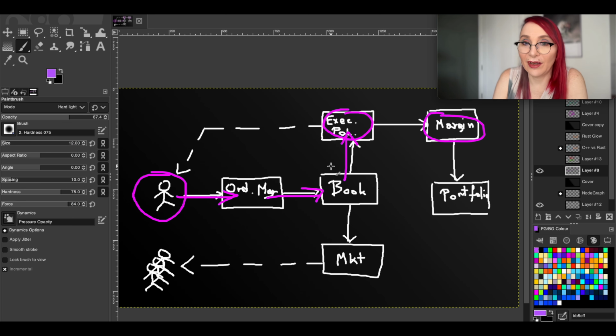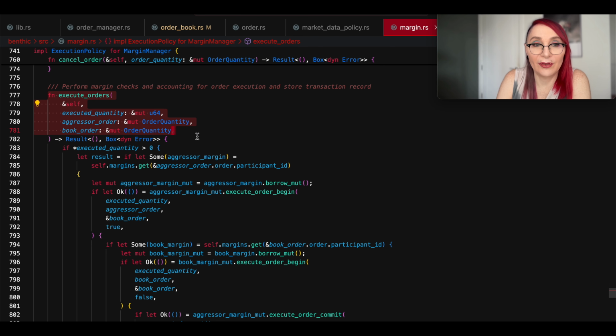So the design we have here is that we have this execution policy that we're using with our order matching, and this execution policy is a logging execution policy, but it also has inside it this margin execution policy that we're going to be using now. And we're going to forward the request to the margin execution policy. Our request was to execute orders.